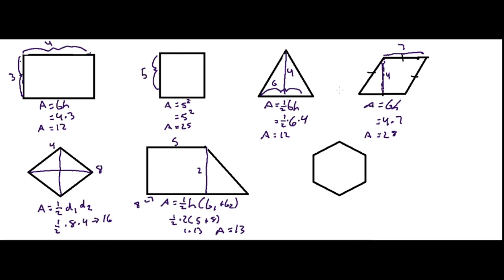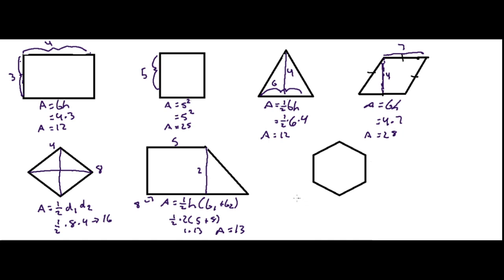And then our last shape is just a regular polygon, so that'll be like a pentagon, hexagon, octagon. So basically just a shape with 5 or more sides that are all equal.